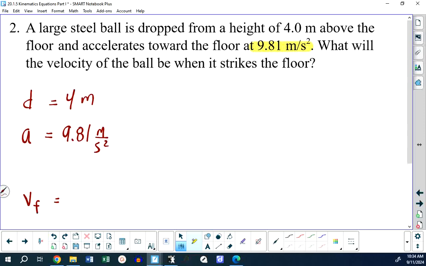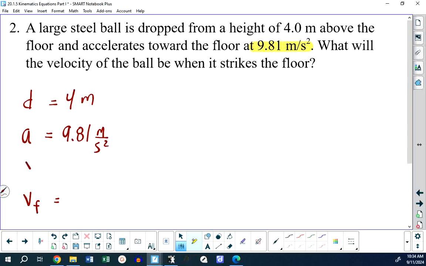But I've told you that you need 3 things to find a fourth, and I only have 2 things that I know. What else do I know? Your initial velocity? Which is what? 0. When you drop an object, the initial time, when the clock starts ticking, is that instant when you let go of it. And at that instant, it's not moving.